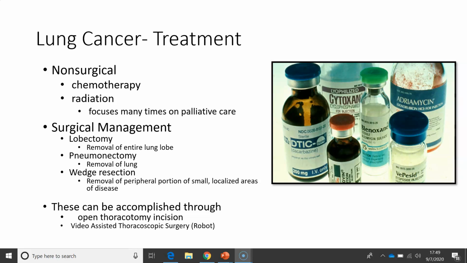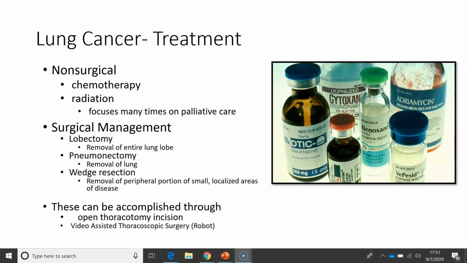A lot of times, the patient will have both chemotherapy and radiation. They will sometimes have a round of radiation, which is usually about 6 weeks prior to having surgery for their lung cancer to try to decrease the size of the tumor.